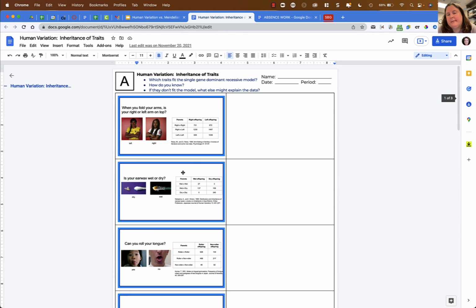There's an A and a B. It has the traits, pictures of what the traits look like, and some data. The questions you're going to answer are up at the top. You'll then turn in this document in class.